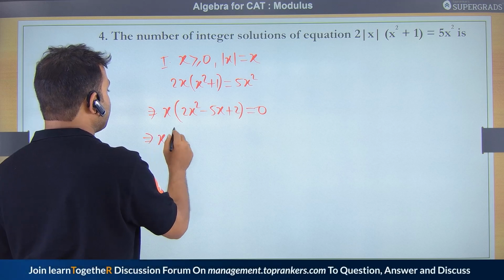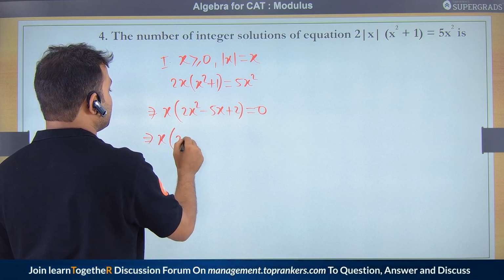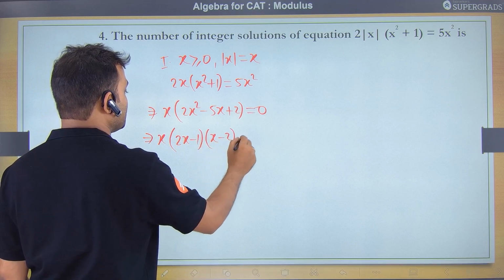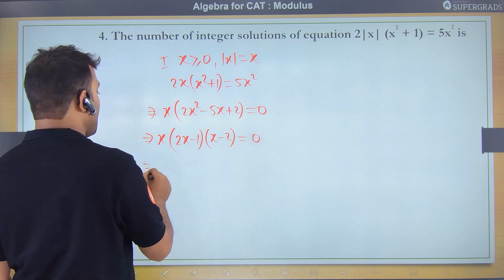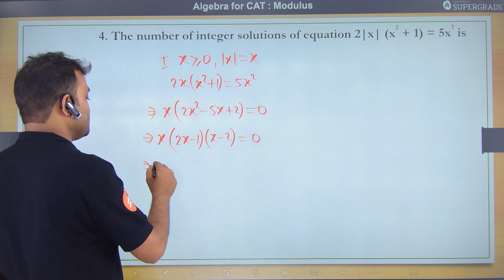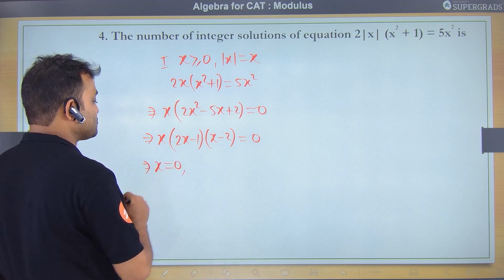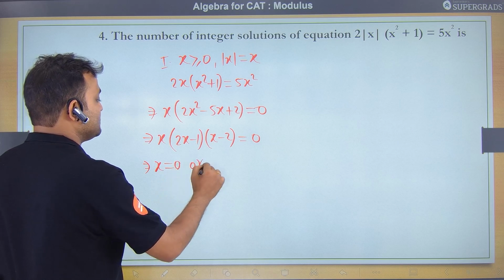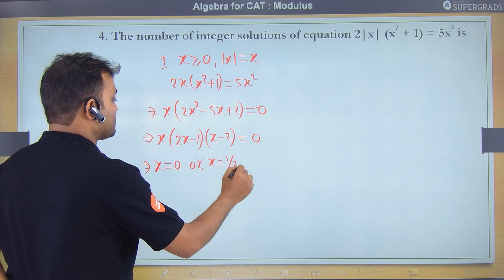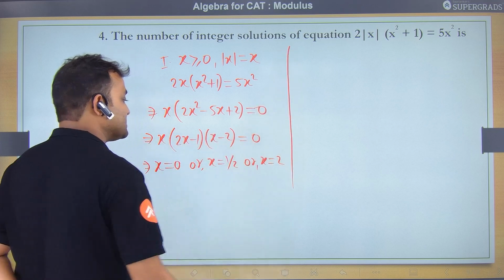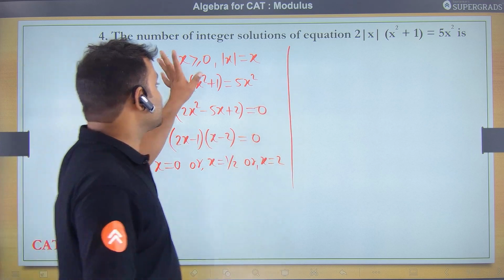Or we can write it as 2x minus 1 into x minus 2 is equal to 0. As the product of three expressions is 0, at least one of them should be equal to 0. So x is equal to 0, or x is equal to 1 by 2, or x is equal to 2. These are the results that we are getting from the first case.